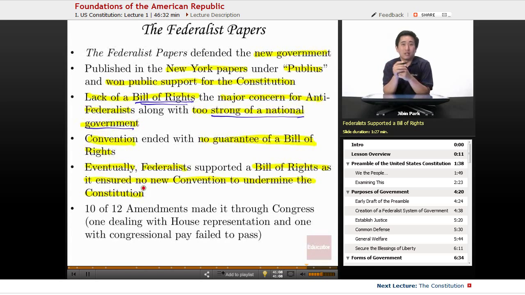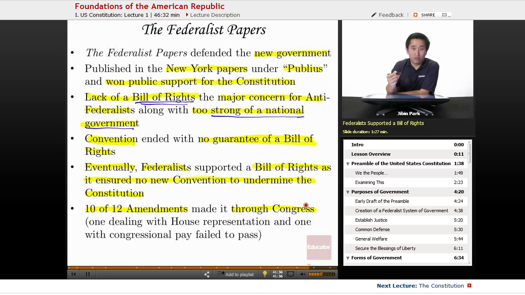So ironically, the anti-federalists ended up opposing a Bill of Rights towards the end, because by supporting the Bill of Rights, the Federalists basically conceded the maybe defects of the current Constitution, and thereby enhanced the standing of the Constitution as it was written. And eventually, 10 out of the 12 amendments made it through Congress.